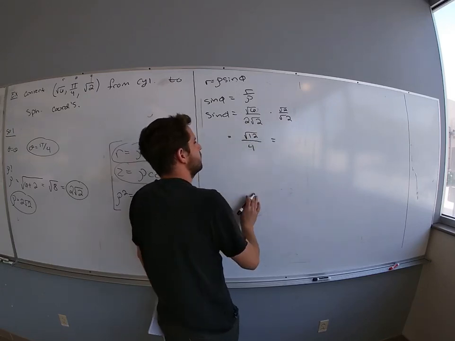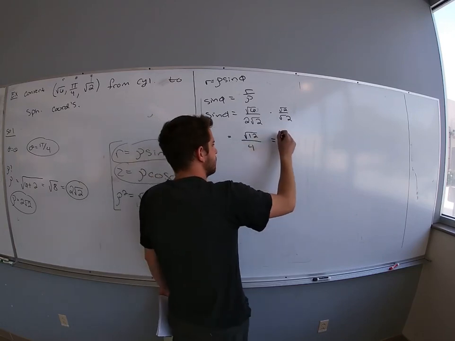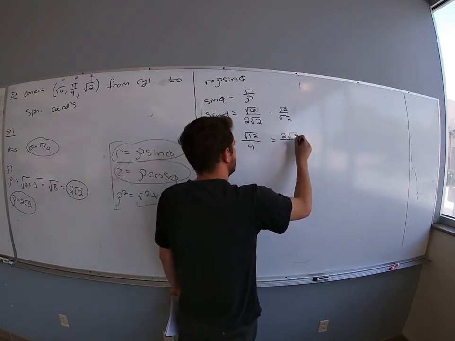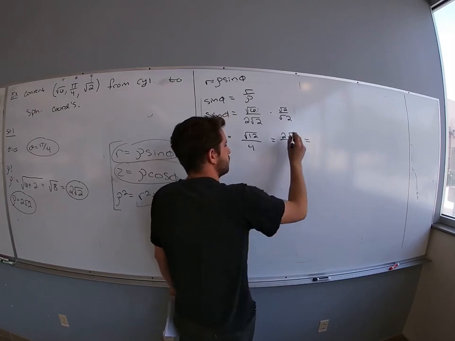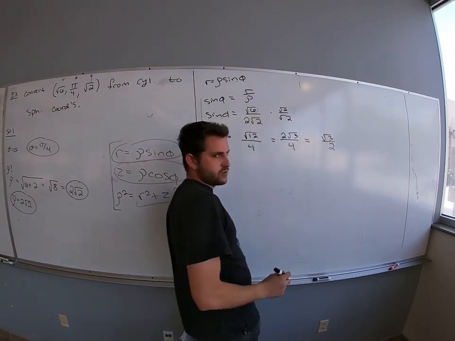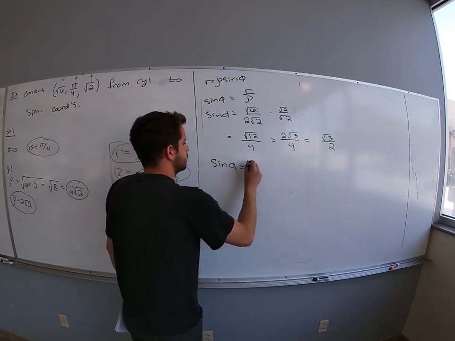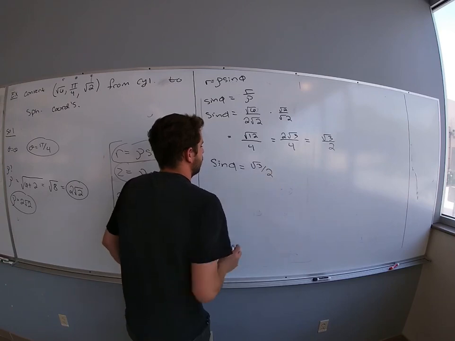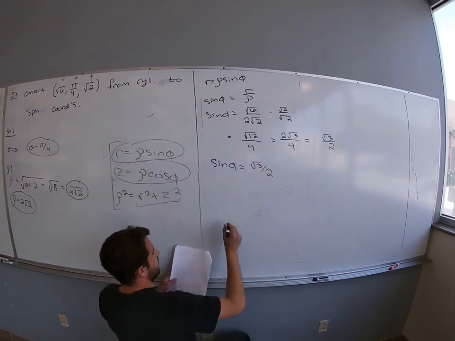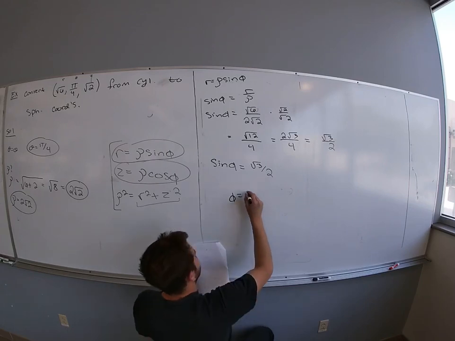This is like 4 times 3 underneath the square roots. This could be 2 root 3 over 4, which equals what? Root 3 over 2. Now that looks familiar. Okay, so I have sine of phi equals root 3 over 2. Thus, phi is going to give me pi over 3.